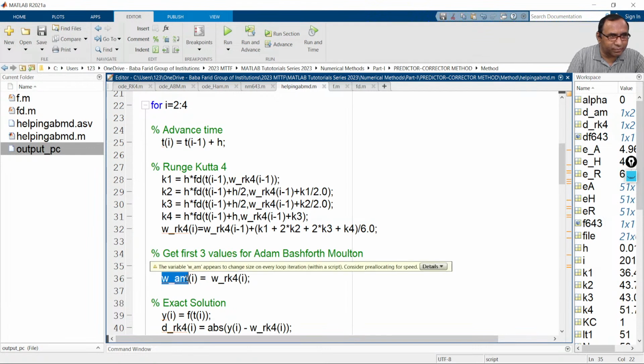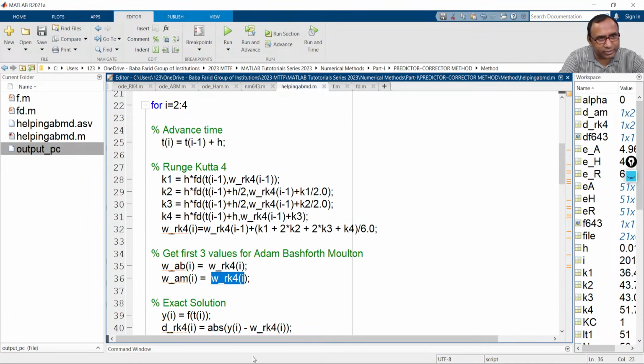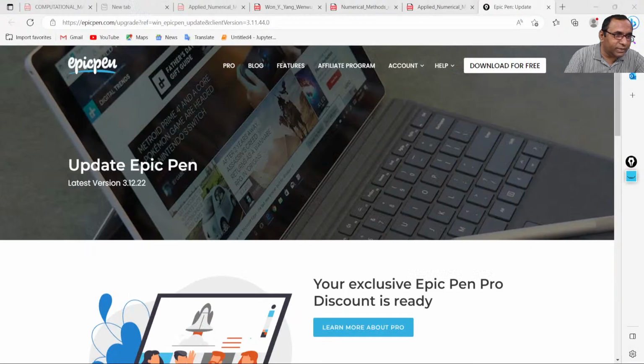Similarly, this equation gives the four values for Adams-Moulton. That is also equal to the same. Okay, so we are preparing to use the equations which will give us the numerical solution by using Adams-Bashforth-Moulton. And the equations for the same are given here.